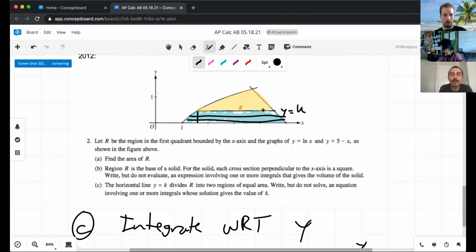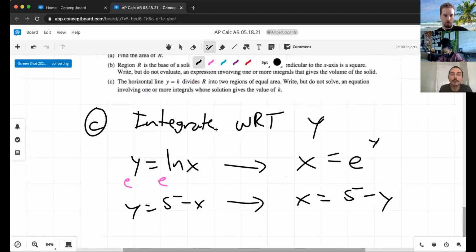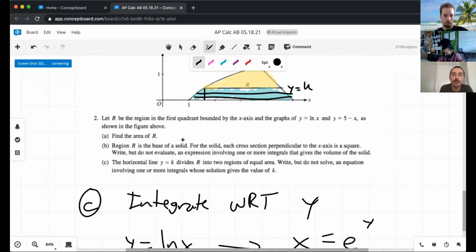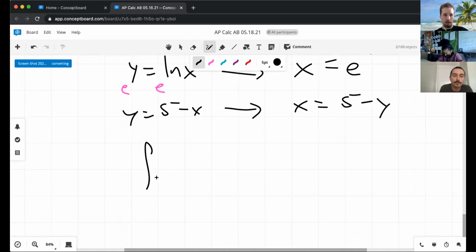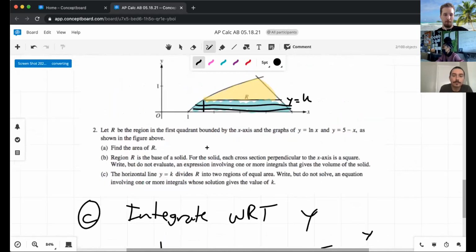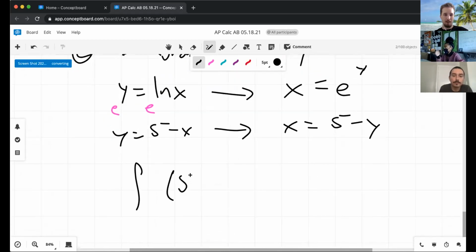Instead of finding the area, we can use this function and subtract it from this function. Normally, we'd be trying to find the area above the x-axis. In this case, we're trying to find the area above the y-axis. But to find the area, we need to subtract the two functions from each other to find the area between the curves.